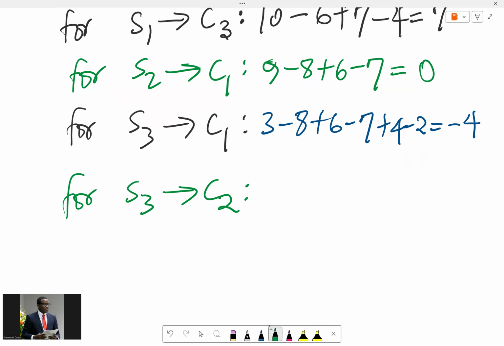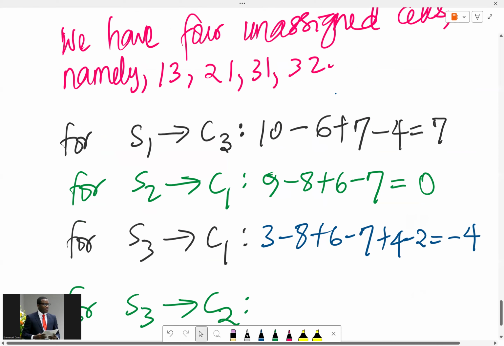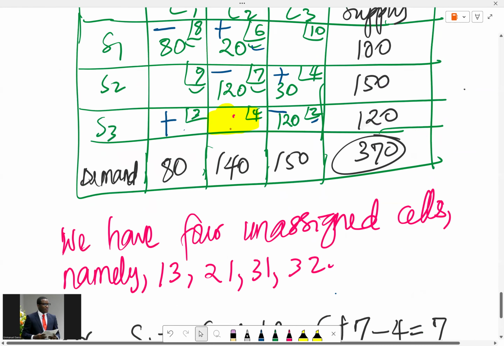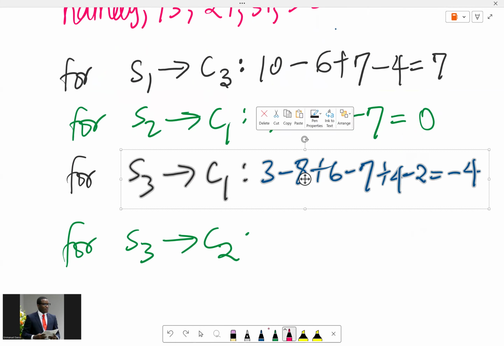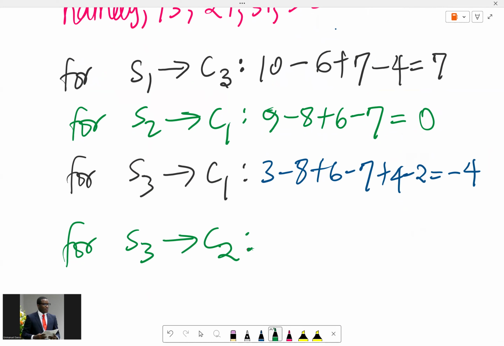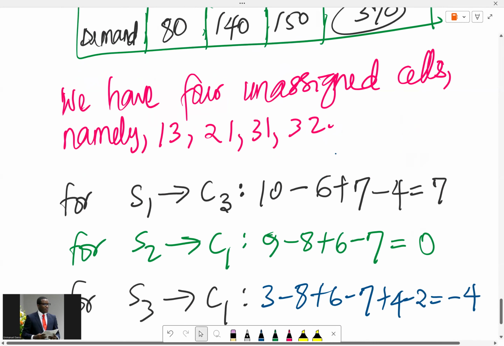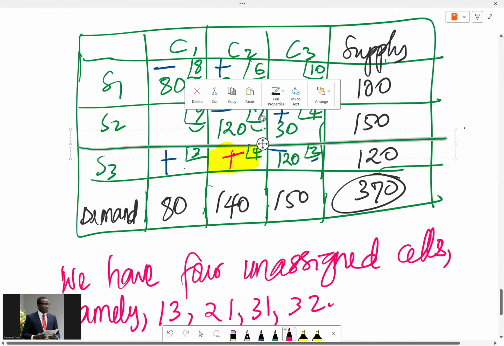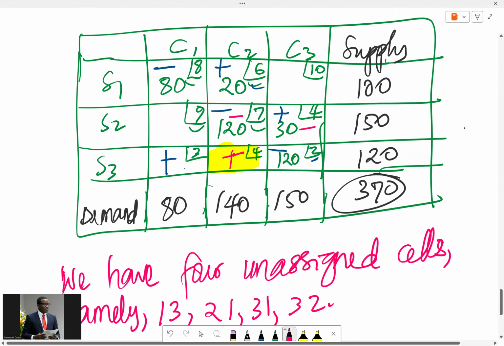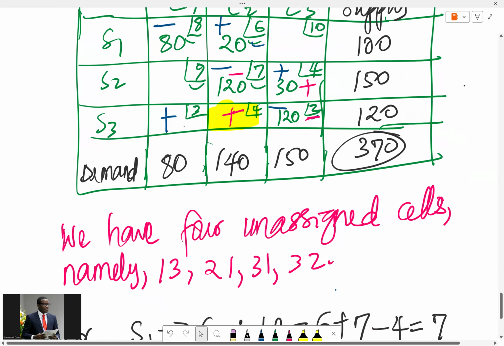So we also have to balance things up. If we add 1 unit here, that's plus here, then we can have minus here to balance things up. We can have plus here to balance things up, and then finally minus here. So we have a closed loop there.